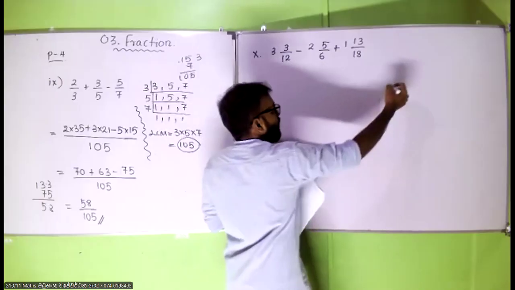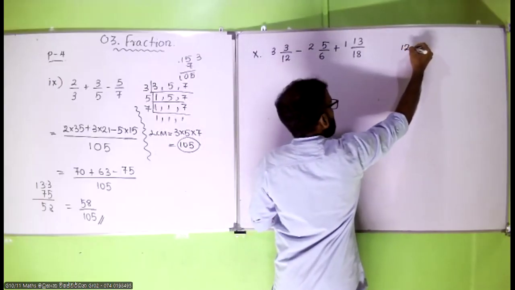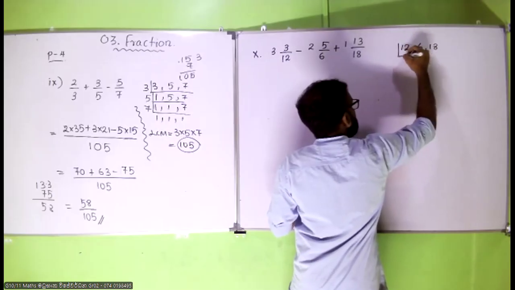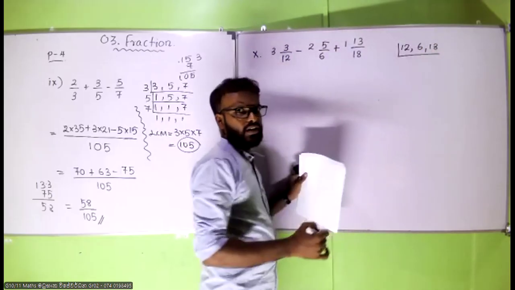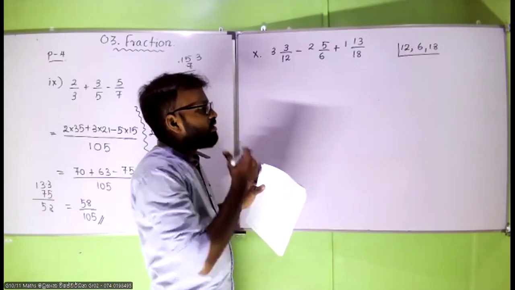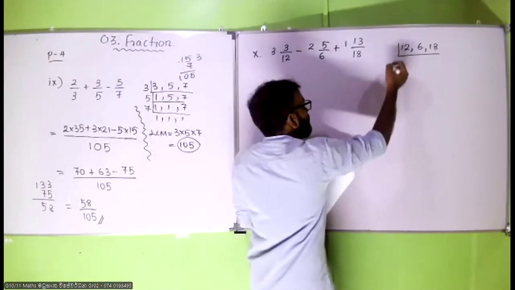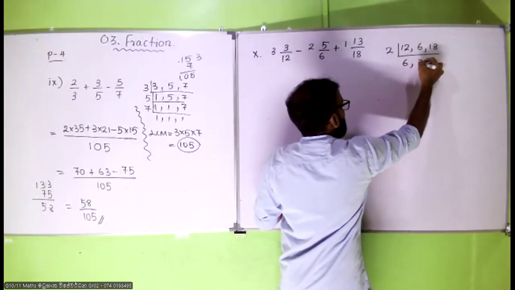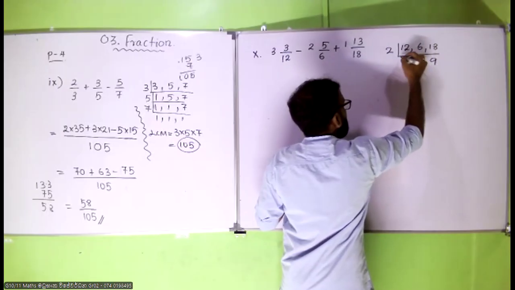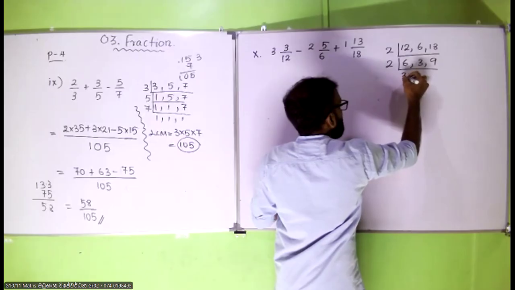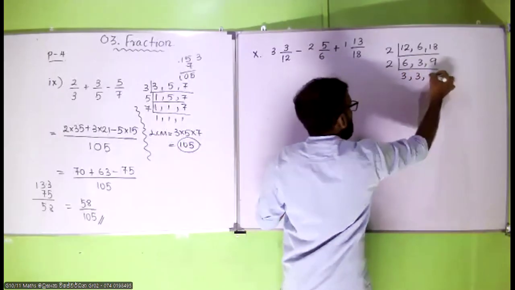Alright. So now you have 12, 6, 18. The LCM should be 36, because 36 can be divided by all three numbers. Let's see. First of all, I will use 2: 2 times 6, 2 times 3, 2 times 9. Again 2 times 3, 3, 9.